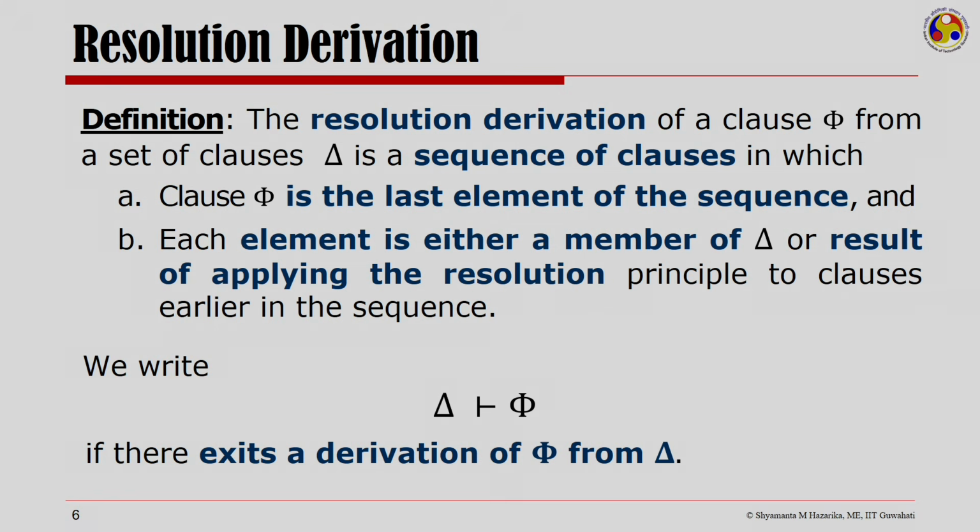So, given such a definition of resolution, the resolution derivation of a clause phi from a set of clauses delta is a sequence of clauses in which phi is the last element of the sequence, and each element in the sequence is either a member of delta or the result of applying the resolution principle to clauses earlier in the sequence.